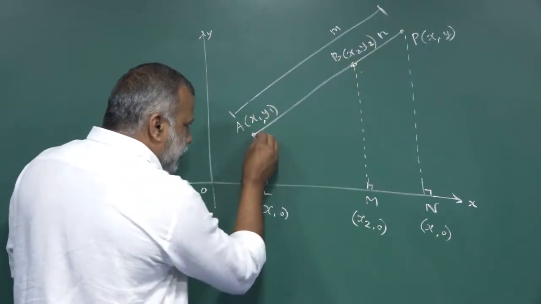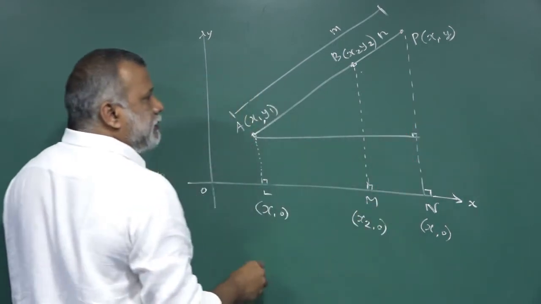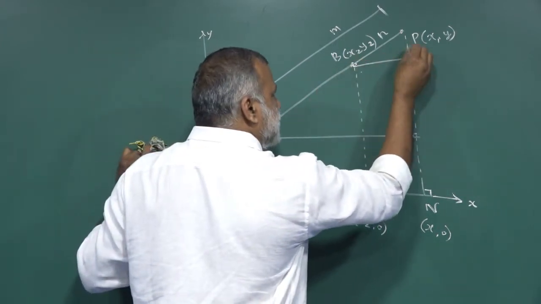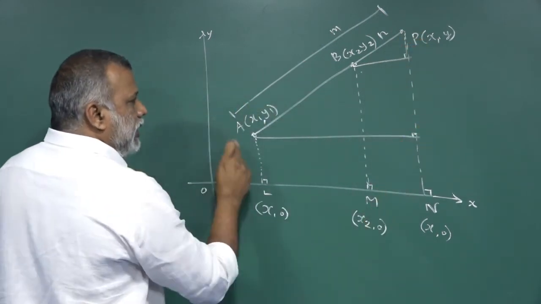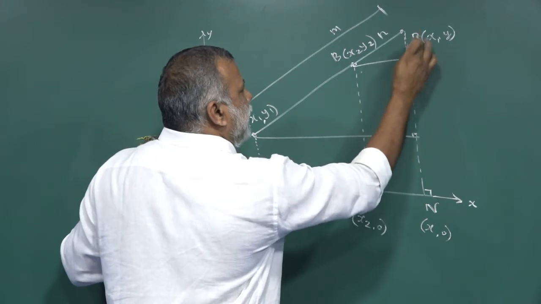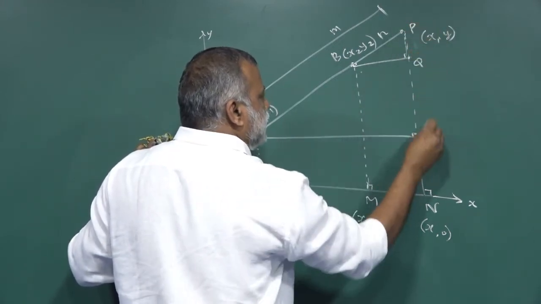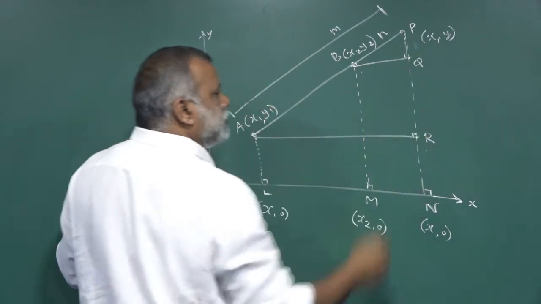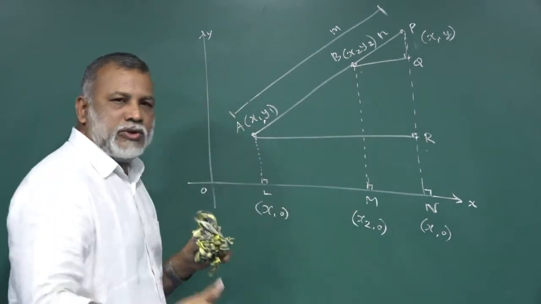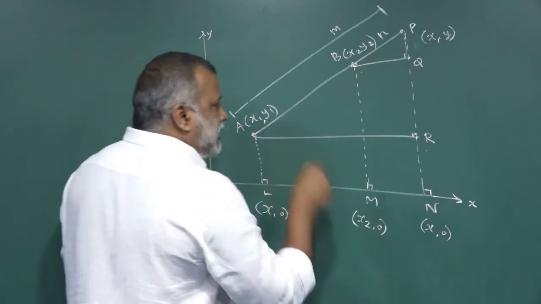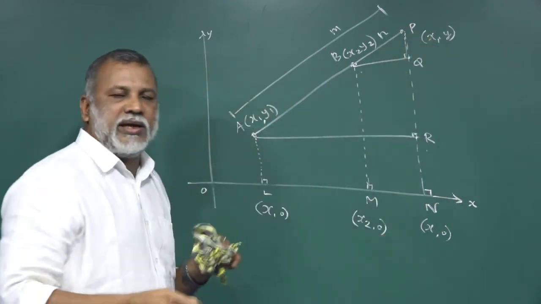Now listen. I am drawing two triangles. You already have the point P here, therefore I am considering Q here, then R here. Now triangle APR is considered to be a right angle triangle. In the same way, BQP is also considered to be a right angle triangle.